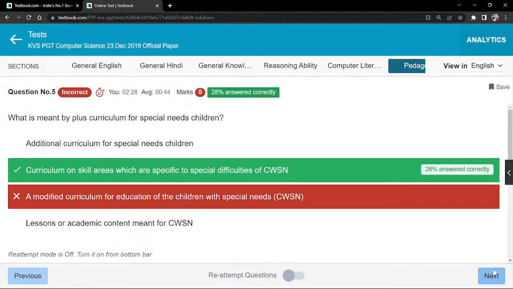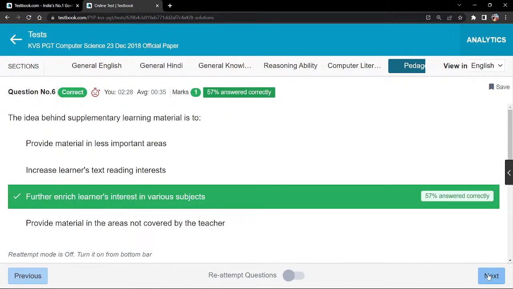Curriculum on skill areas which are specific to the special needs. The idea behind supplementary learning is further enrichment.